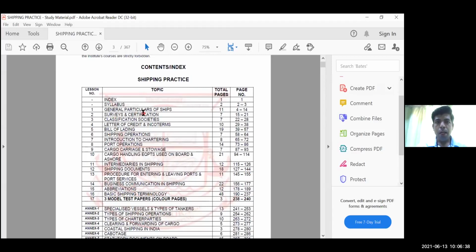So let's start with the introduction of different types of ships. One second, I'll start sharing my screen.